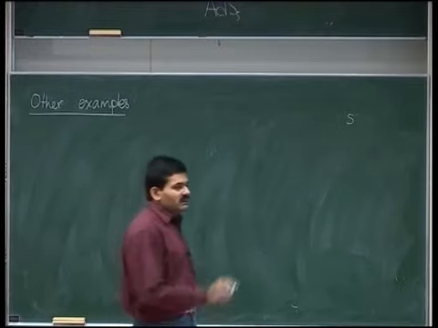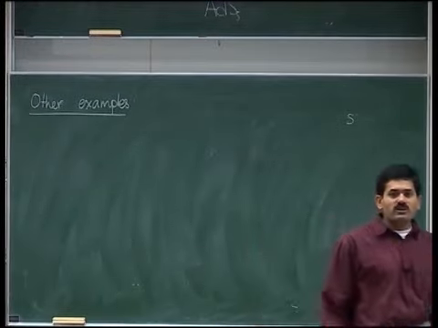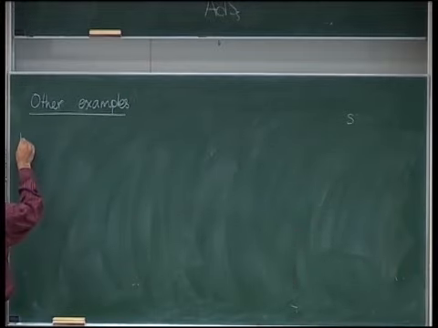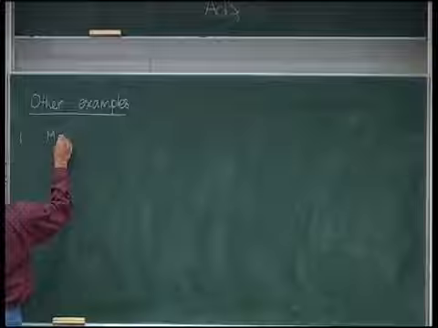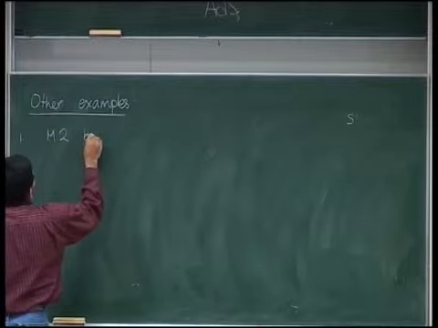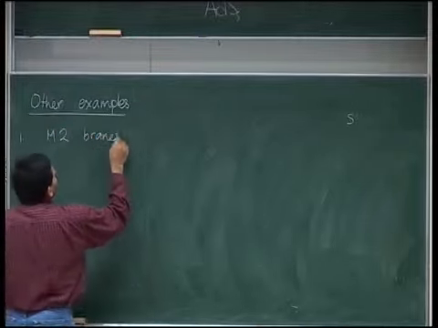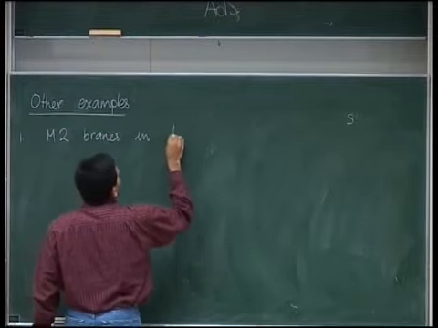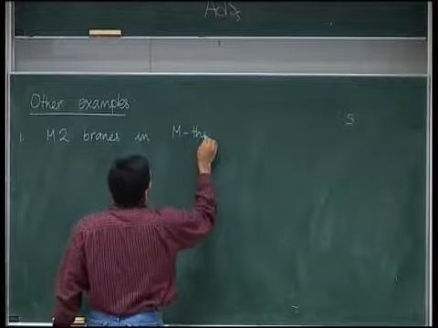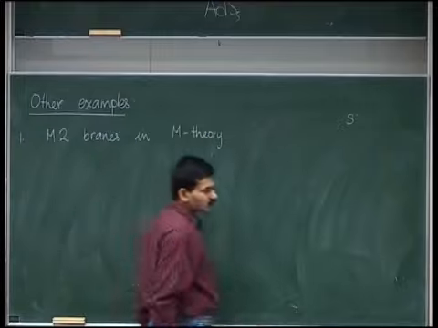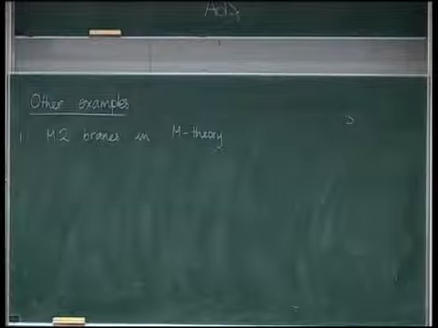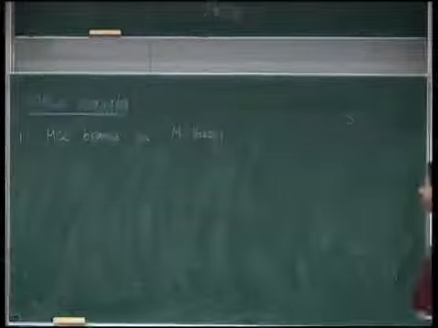So rather than start with D3 branes in type 2b string theory, I have two other starting points. One can start with what are called M2 branes, which are two spatial dimensional branes in M theory. So the whole volume is 3-dimensional.